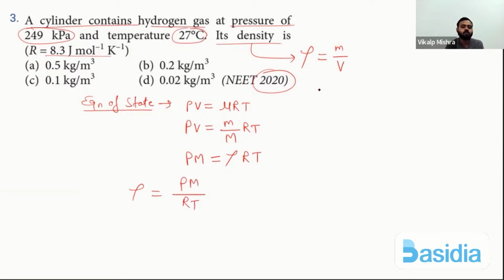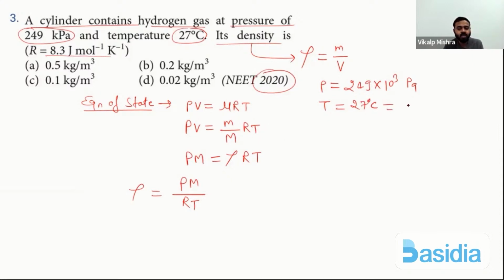So pressure is given. P equals to 249 kilopascal. That means 249 into 10 to the power 3 Pascal. Temperature is given 27 degrees Celsius. But here we have to put temperature in SI unit. SI unit means Kelvin.